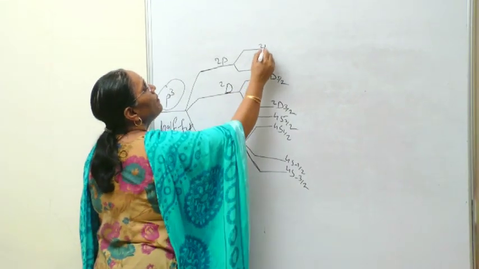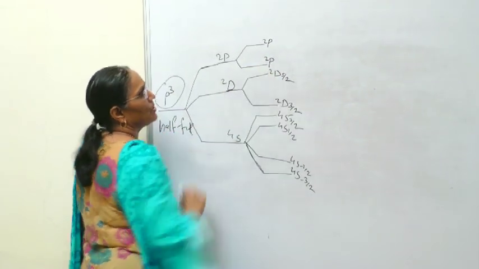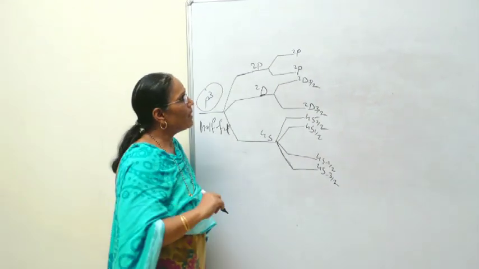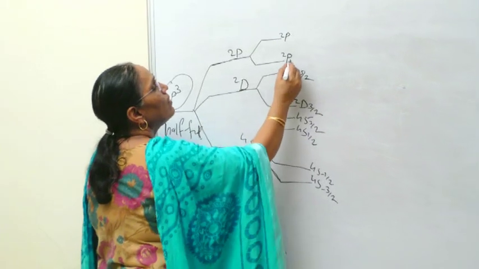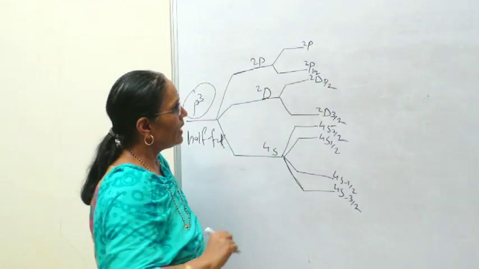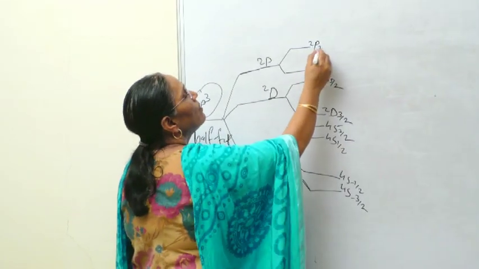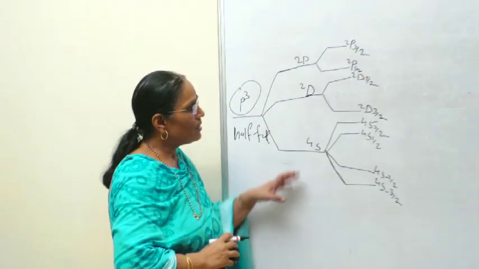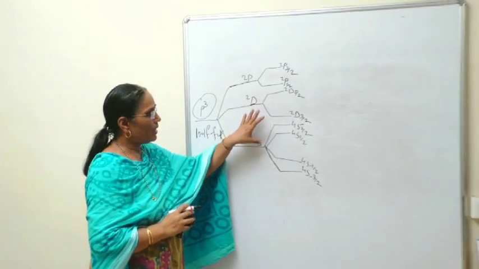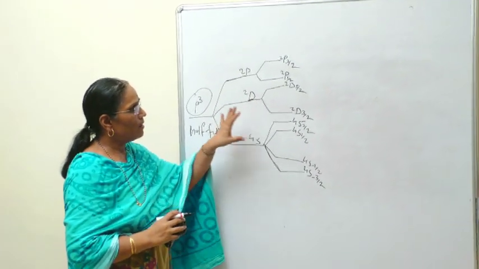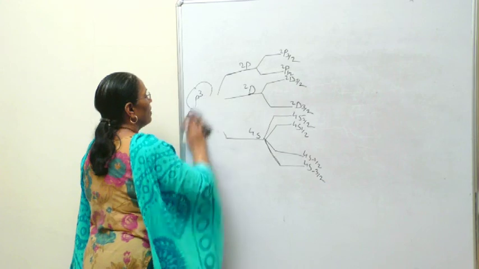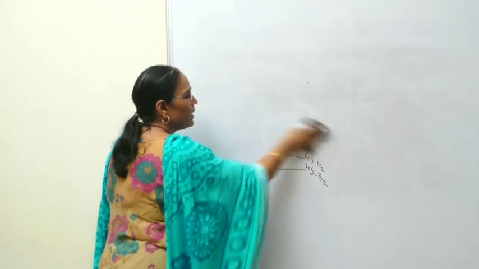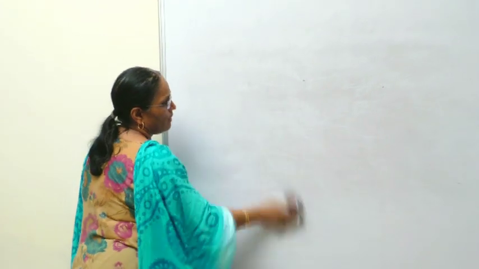Similarly for doublet P, for which we have obtained 2 J values, 1/2 and 3/2, the lower J value 1/2 will be at lower energy, and 3/2 will be at higher energy. So in this way, the energy level sequence can be obtained by following Hund's rules for highest spin multiplicity, orbital multiplicity, and J values.